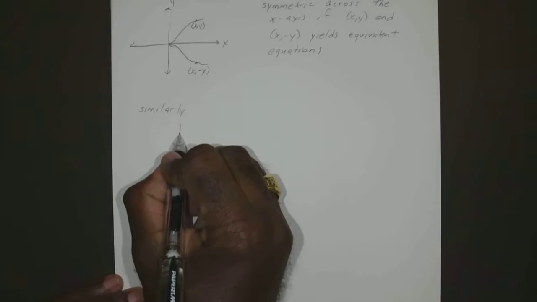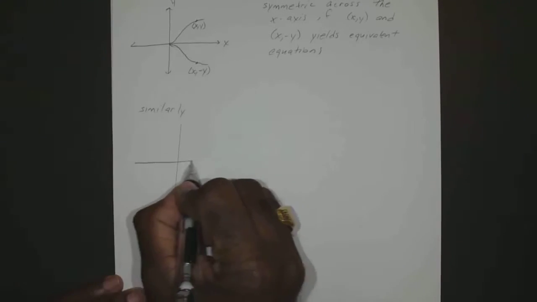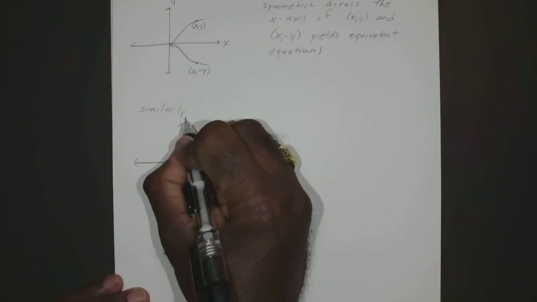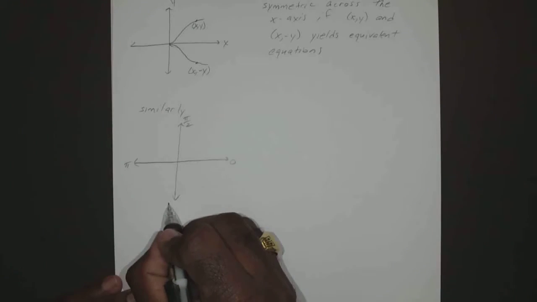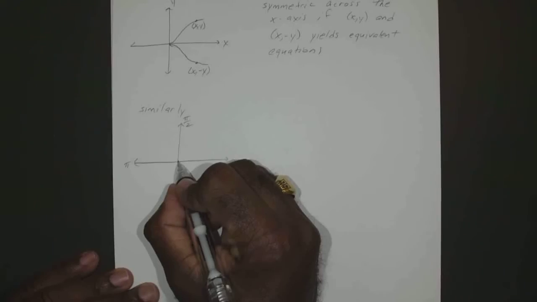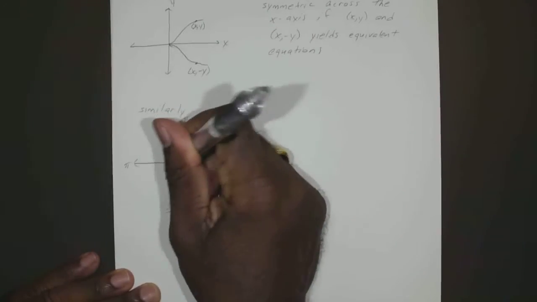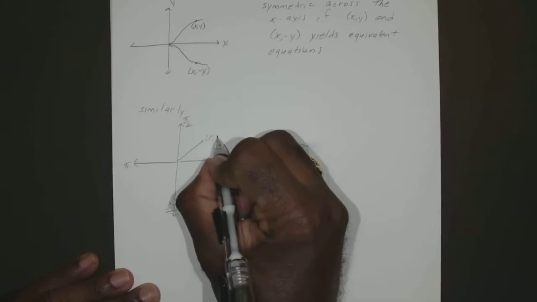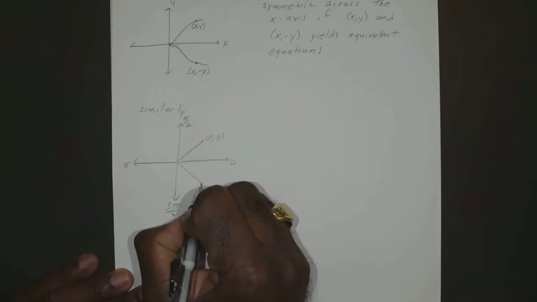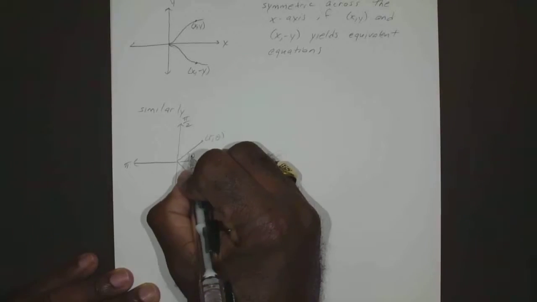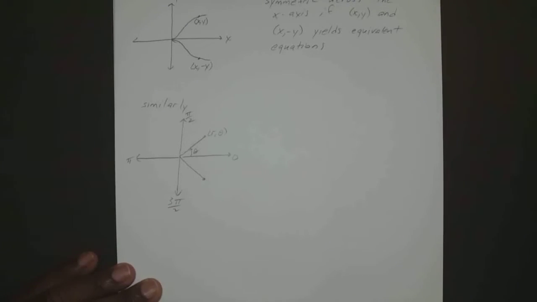Okay, so similarly, they have 0, pi over 2, pi, and 3 pi over 2. Okay, so let's say you have some point here, so this is your r, theta, and you have some point here, so we know starting from your polar axis, that's your theta, which is going counterclockwise.